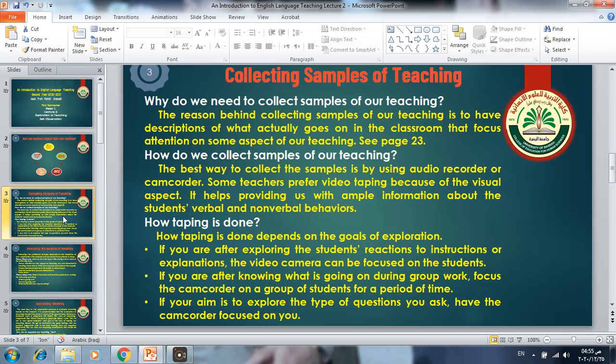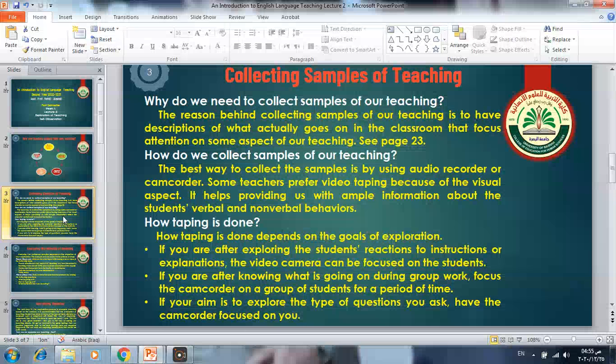Collecting samples of teaching. Now, the question is, why do we need to collect samples of our teaching? What for? What is the reason? Of course, the reason behind collecting samples of our teaching is to have descriptions of what actually goes on in the classroom that focus attention on some aspect of our teaching.